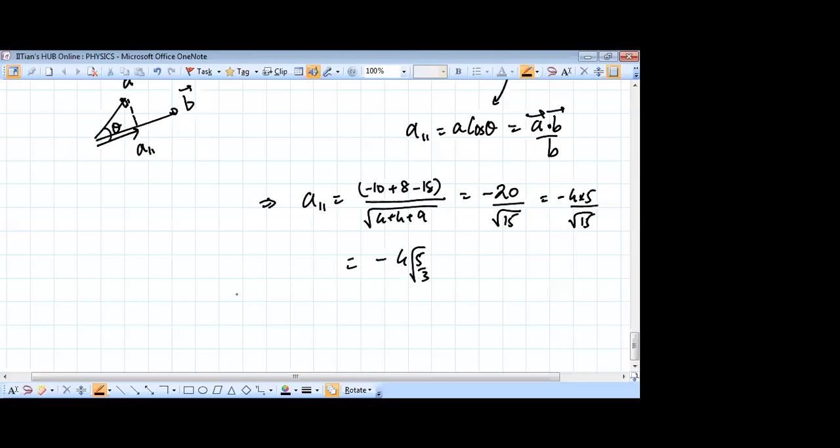Oh, sorry, this root 17 in the denominator. My mistake. We could leave the answer this way also. Okay. So this becomes the answer.